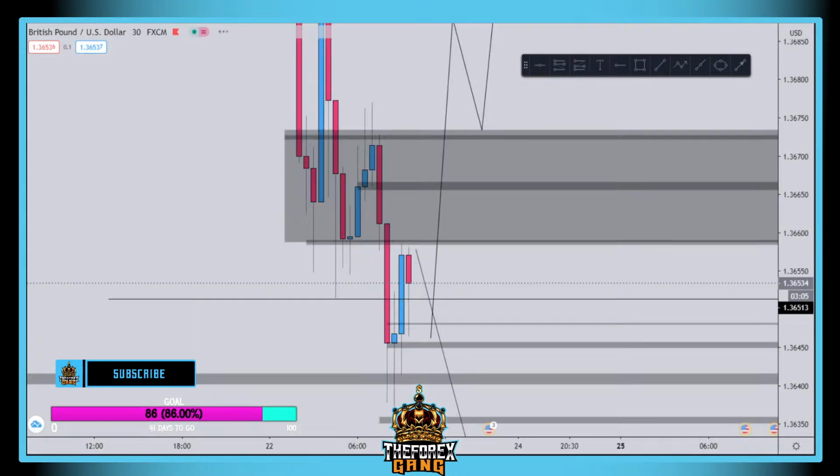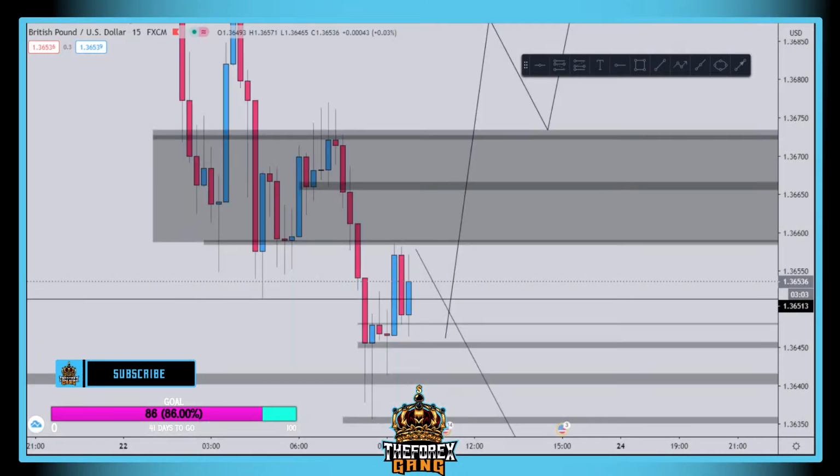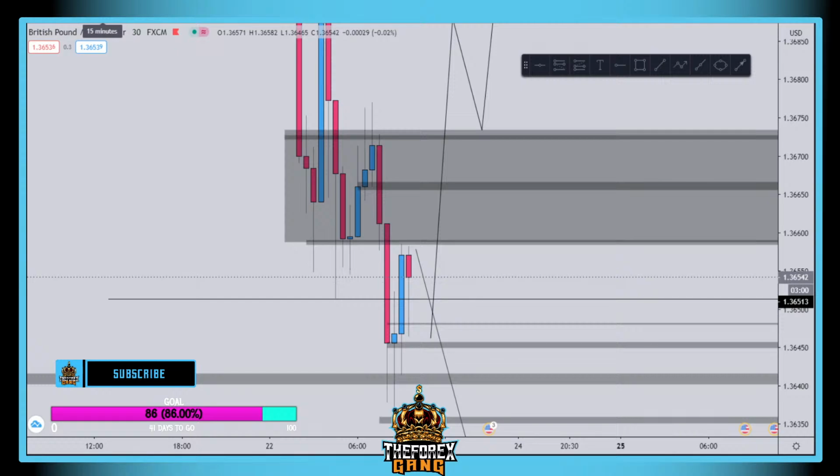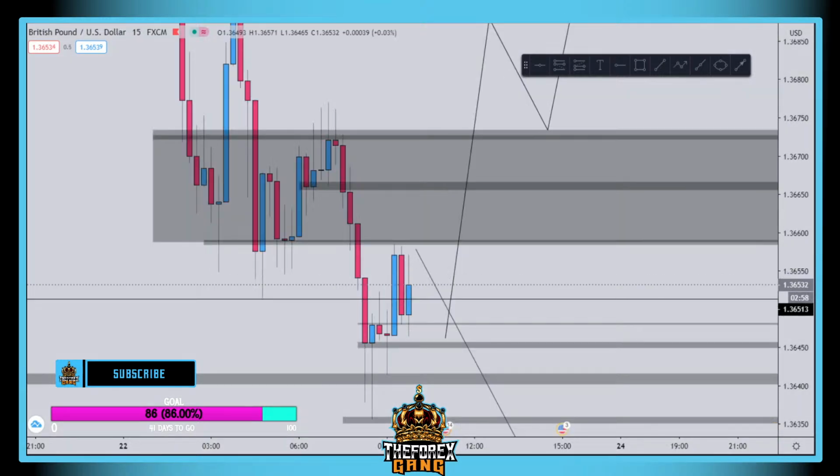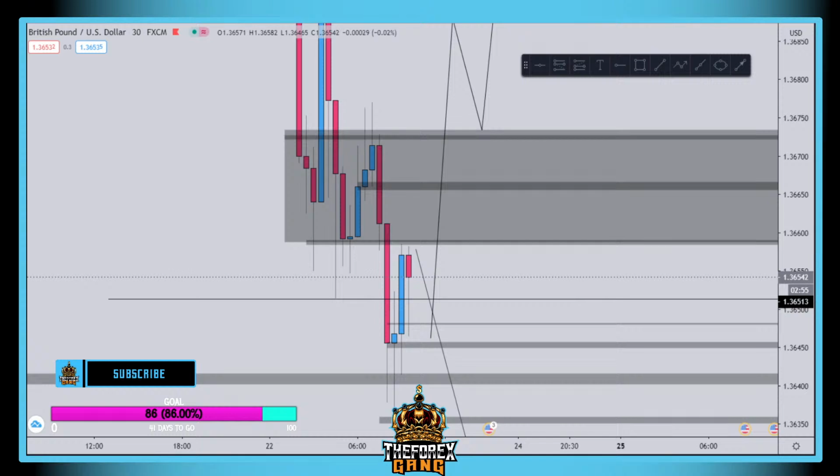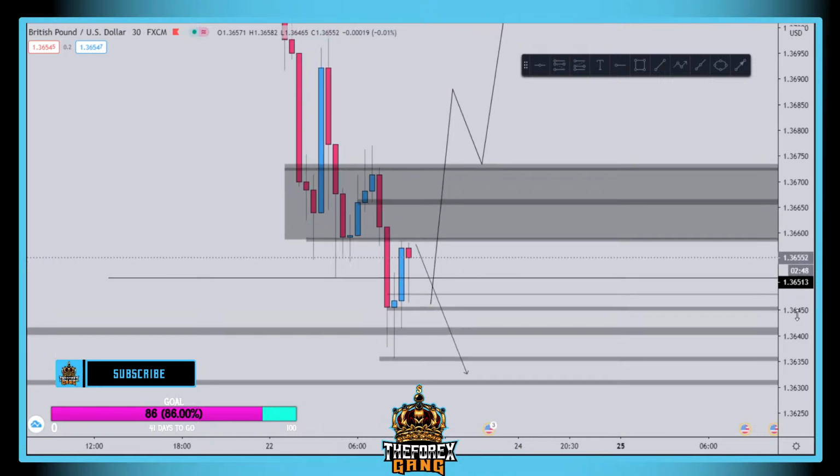Guys, are we entering if it breaks above? No, you can if you want to manage it well once it breaks this, but this zone right here is the issue for buys.